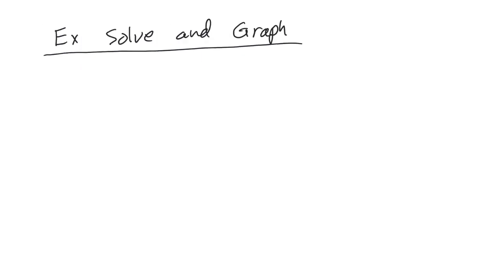So what we're going to do now is solve and graph the following inequality. So let's begin. 2 times (5 minus 3x) is greater than 3 times (4x plus 2).